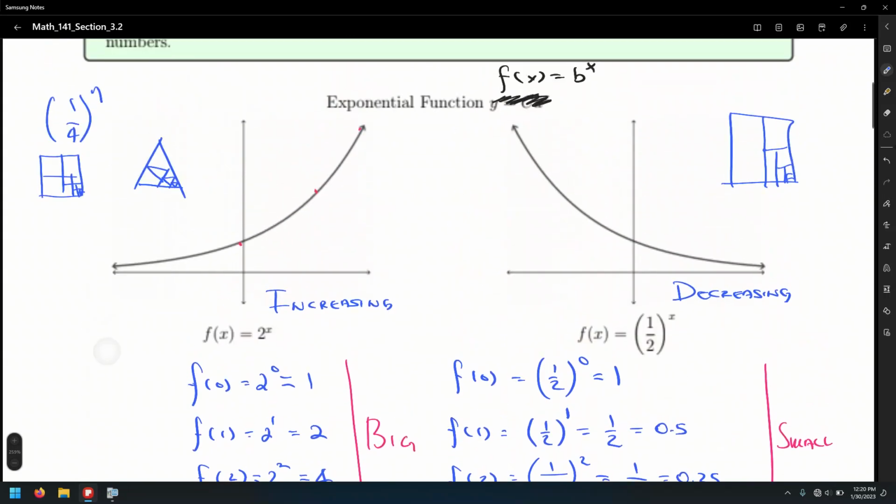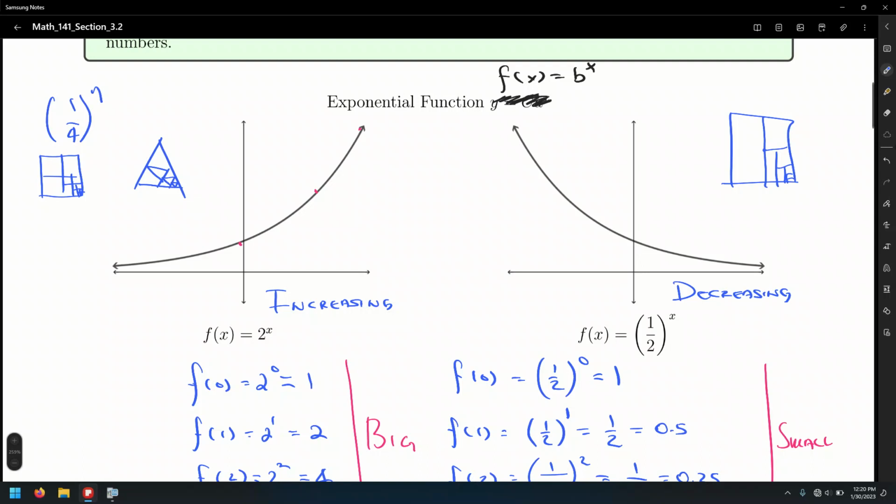Let's look at this graph and think about its properties. Number one: is this graph even a function? Why so? It passes the vertical line test. That's good. Furthermore, is it one-to-one?